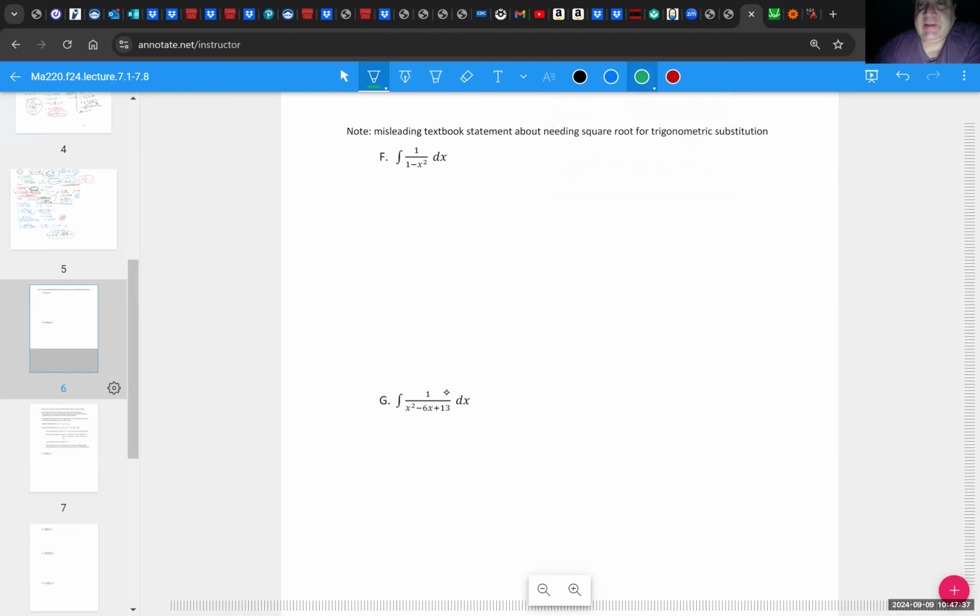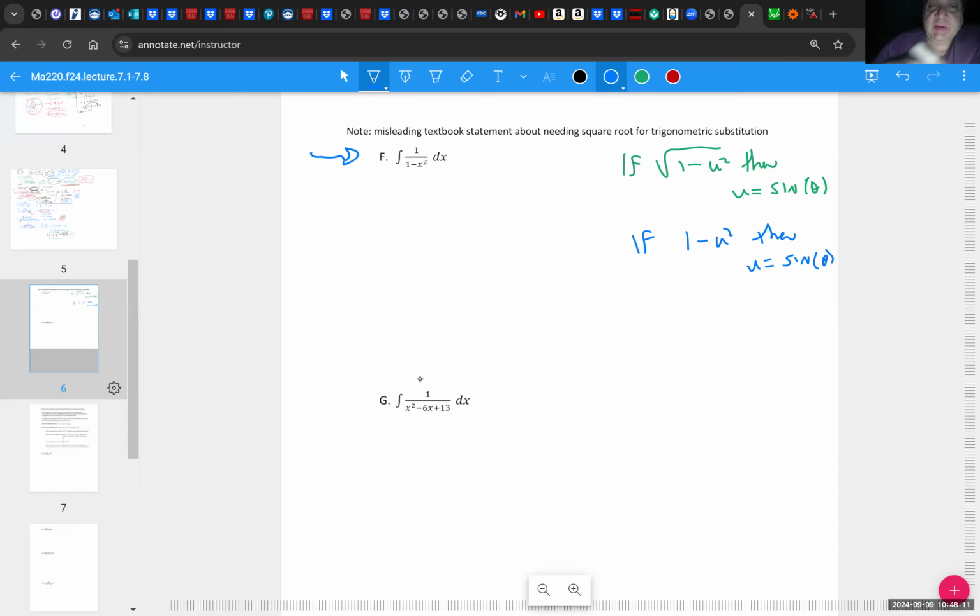The way they put it is, if you have something like the square root of 1 minus u squared, then you make u equal to sine theta. What I say is that if you have 1 minus u squared, then you use u equals sine theta. That was what I put at the beginning of these lecture notes for 7.3. I don't have the square root there, and the reason is because it's not necessary.